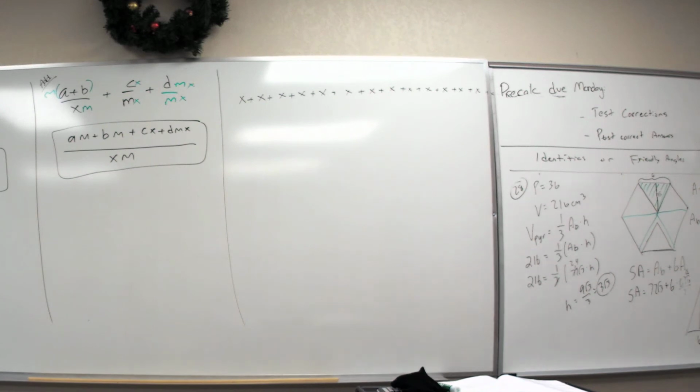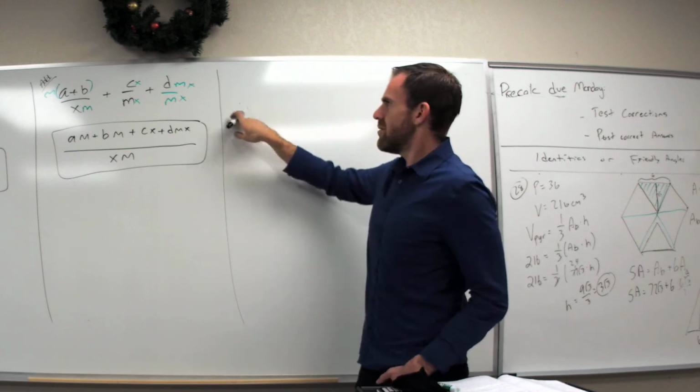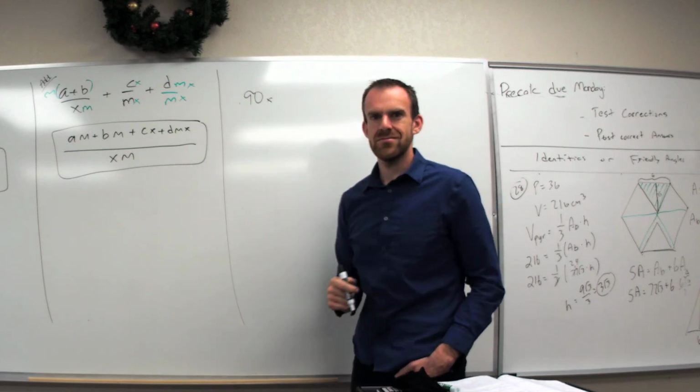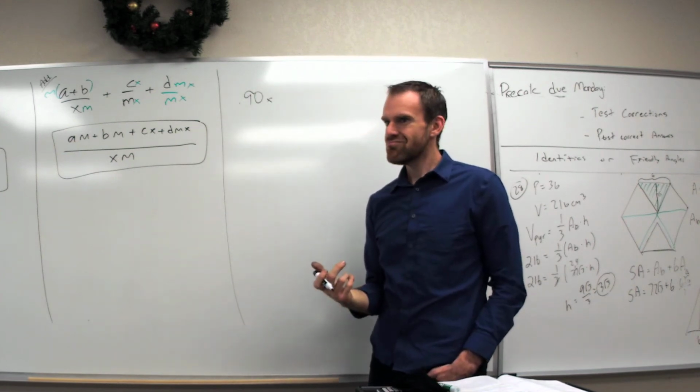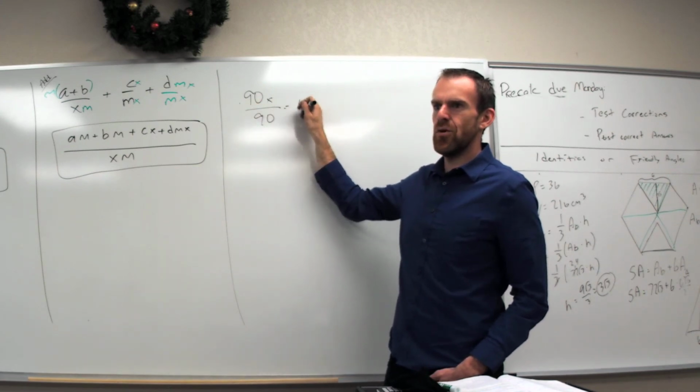Do I have to write out all 90? Yes, I'm kidding. No. It's 90x, right? Divided by 90 equals 4.